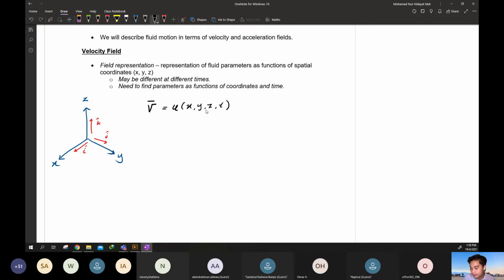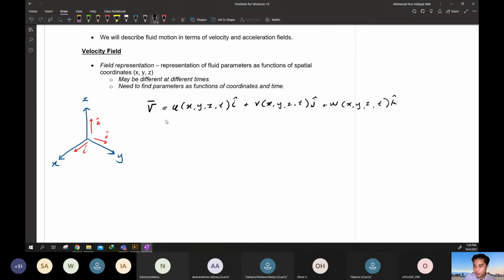This is velocity in terms of magnitude, and this is the direction. Plus v in terms of x, y, and z coordinates, as well as time, and then this is j. And finally, this is w, and the coordinate of x, y, and z. This is k.